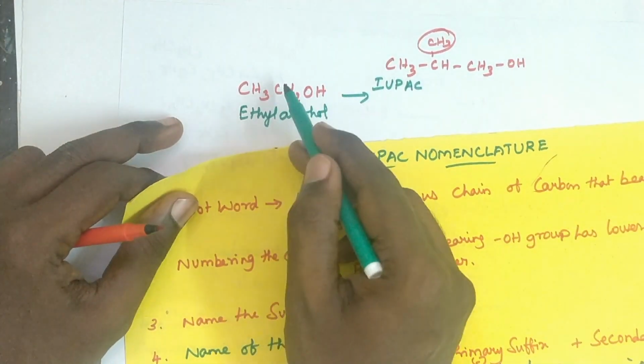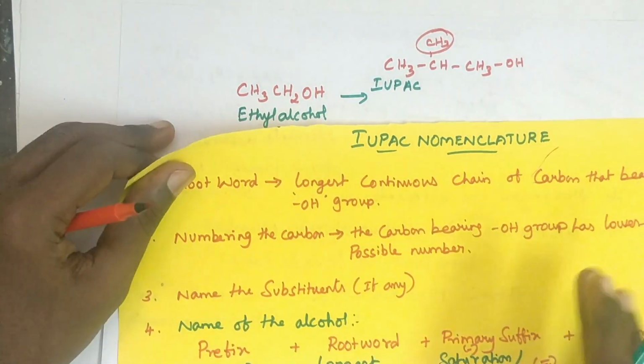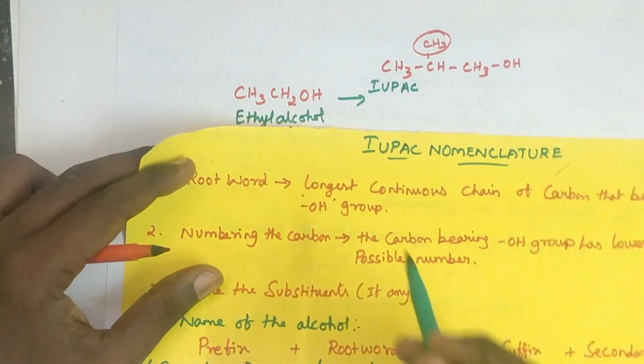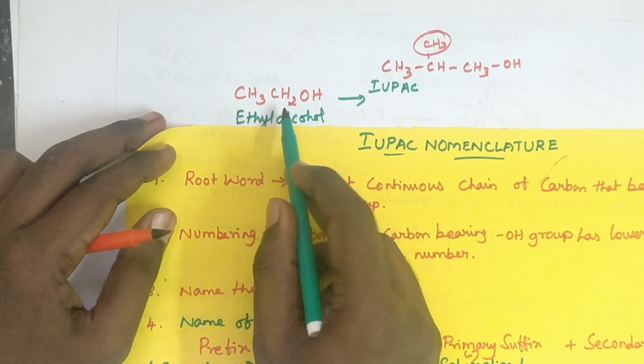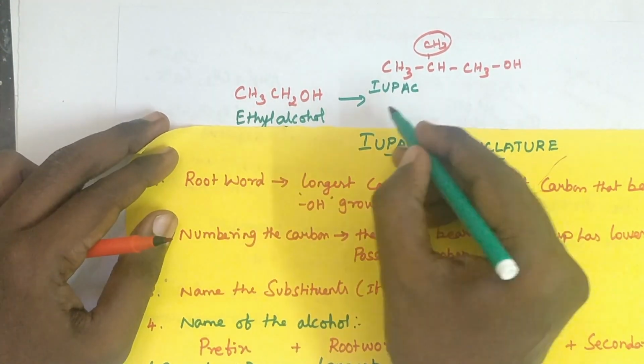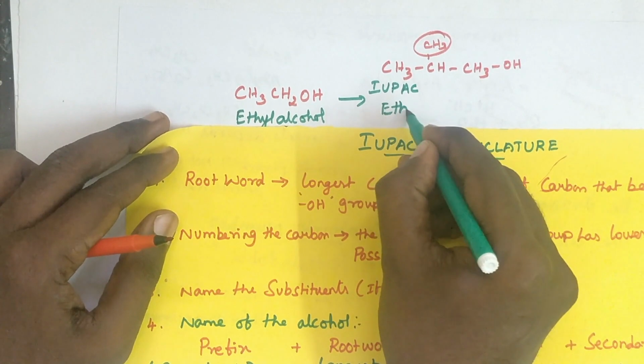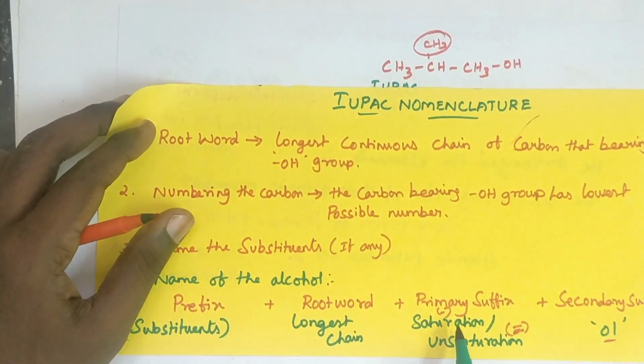There is no substituent present in the branches. There is no branches, so straight away we go for the root word. Root word means the longest chain of the carbon. So you have only 2 carbon. 2 carbon means eth.